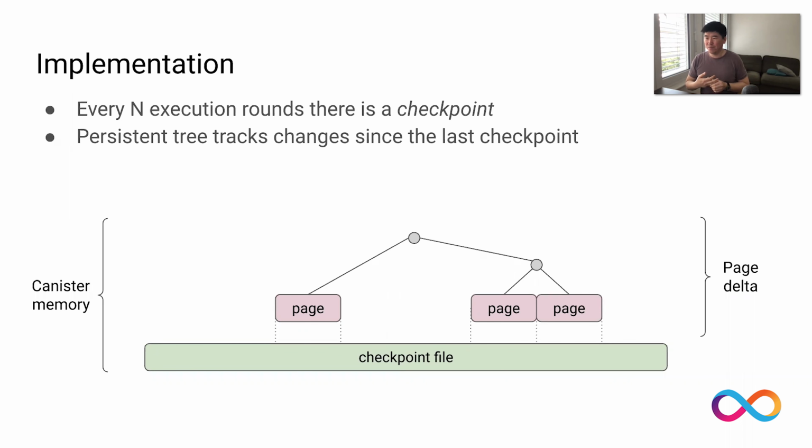I think currently for most of the application subnets n is set to 500 execution rounds. So there is a checkpoint, and the persistent tree keeps track of modified memory chunks since the last checkpoint, and the granularity of the chunk is the operating system page, which is 4 kilobytes. On checkpoint, all the modifications are committed to the file, and then this file is cloned so that we get the new state for the next rounds after that checkpoint, and then this repeats.